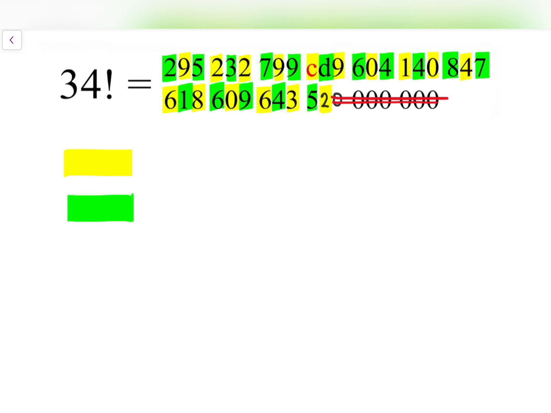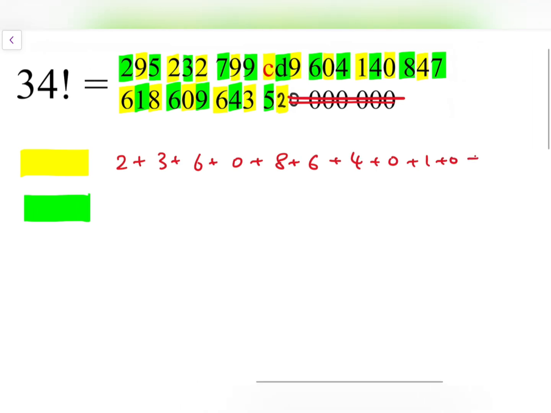2 plus 3 plus 6 plus 0 plus 8 plus 6 plus 4 plus 0 plus 1 plus 0 all the way.